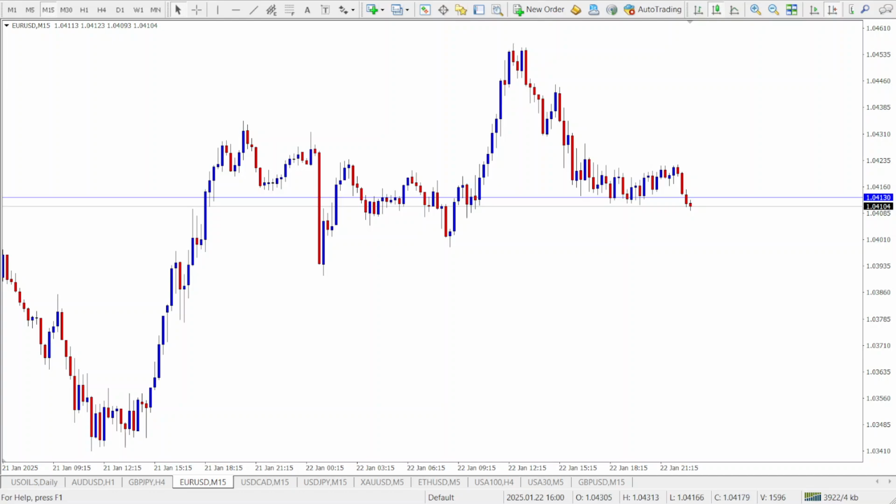We are going to be covering everything that you need to know, from setting up the zigzag indicator to identifying breakout zones and executing your trades with precision. So whether you are a beginner or an experienced trader, stick around, grab your notepad, and let us get started.